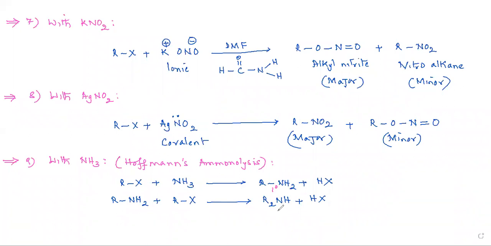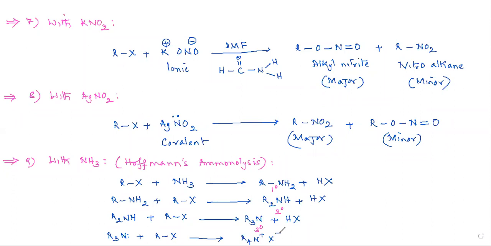In the first step, we got a primary amine. Now it's the secondary amine. Now this R2NH further reacts with alkyl halide to form R3N plus HX. A tertiary amine is what we get. Now this tertiary amine further reacts with another molecule of alkyl halide. See, we got nothing to eliminate now. So they just form a salt.